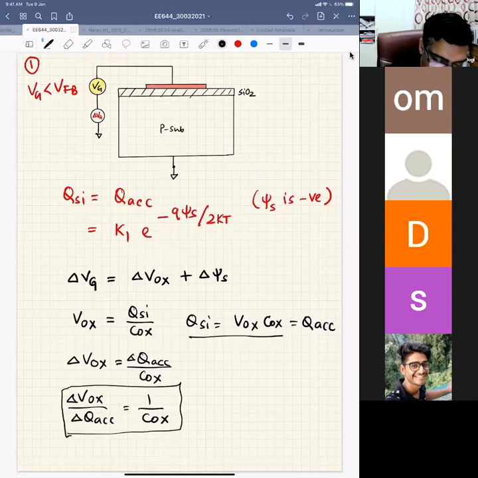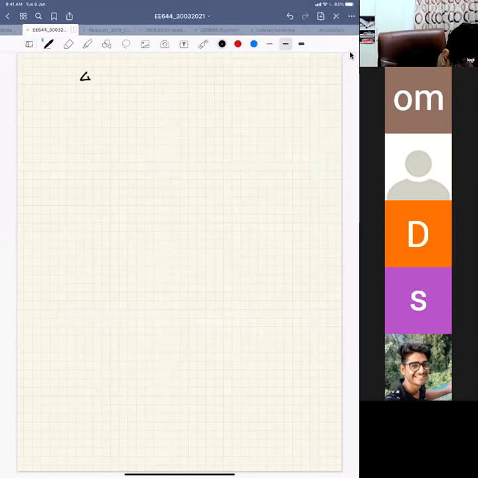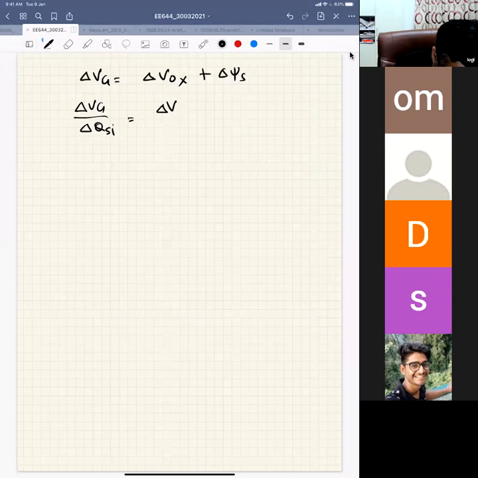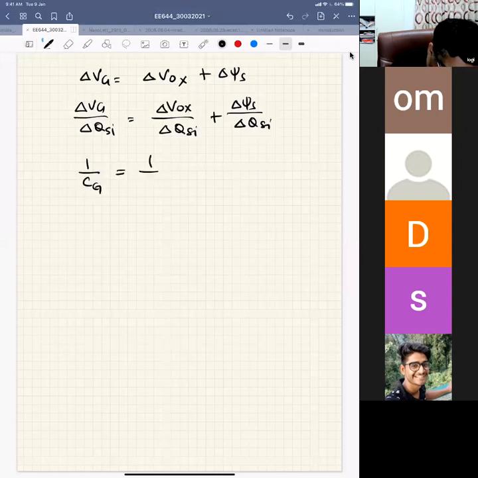So if I write delta Vg equal to delta Vox plus delta psi s, and divide everything by delta Q silicon, this is delta Vox by delta Q silicon plus delta psi s by delta Q silicon, right? And this is 1 by Cg, 1 by gate capacitance, and this is 1 by Cox.